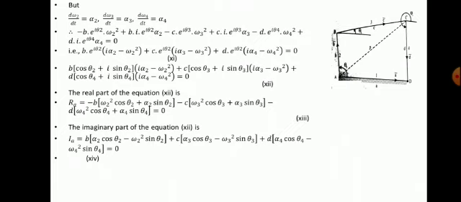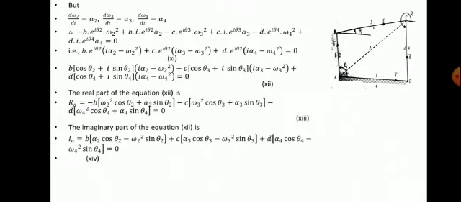Minus b e^(i theta 2) omega 2 square plus b i e^(i theta 2) alpha 2, minus c e^(i theta 3) omega 3 square plus c i e^(i theta 3) alpha 3, minus d e^(i theta 4) omega 4 square plus d i e^(i theta 4) alpha 4 is equal to 0.